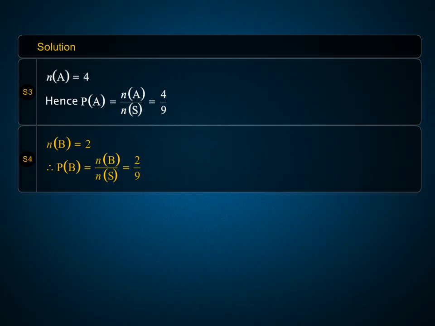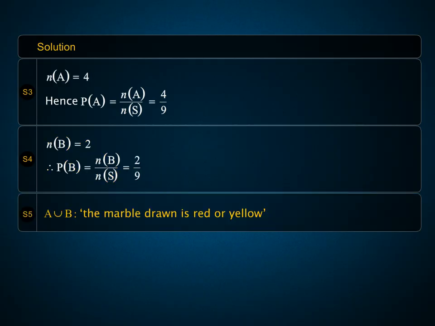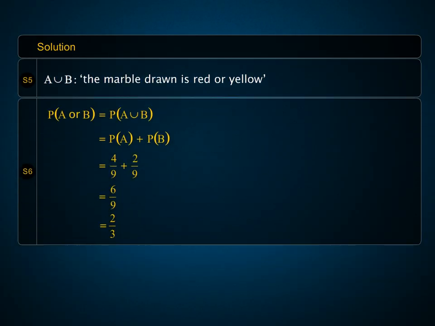Hence, the probability of the event B is 2 upon 9. The event either red or yellow may be described by the set A or B, that is A union B. Since A and B are mutually exclusive events, the probability of A or B is equal to the sum of the probabilities of A and of B, which is 2 upon 3.